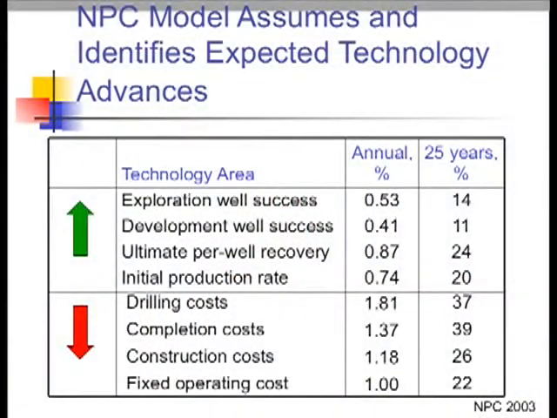Reductions in cost of completions. And for unconventional gas resources, this is largely stimulation costs, the costs of hydraulic fracturing and related technologies. Reductions in construction costs, reductions in fixed operating costs. And together, again, they're expected to be significant advances and contributions to increased supply from improvements in this technology.